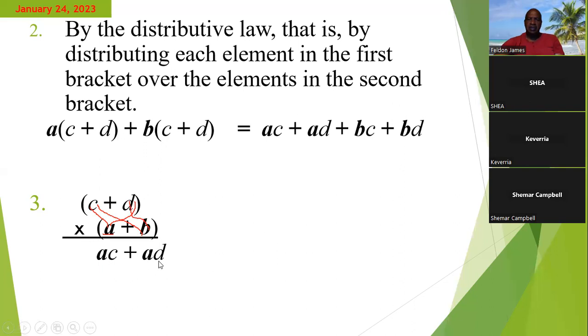So that would pretty much give us AC plus AD, and then we would write it like this. So when we use the A, we get AC plus AD, and we write that. Then we use the B to get BC plus BD, and we write that. Now, when we're doing numbers, we generally shift our place value to the left, but when we're doing this, we shift it to the right.